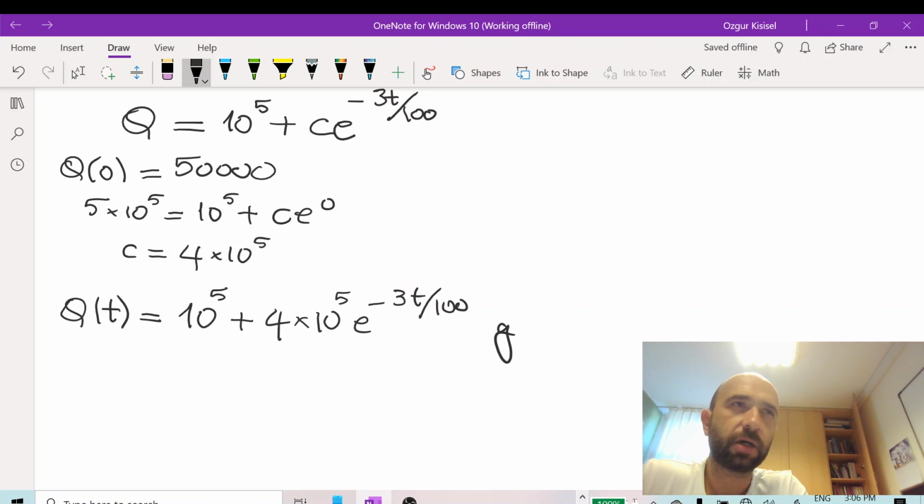If you had 1,000 liters purely of that solution, 1,000 times 100 grams per liter is really 10 to the 5 grams. So after a very, very long time, you have very little of the initial solution left, and almost everything is composed of the incoming solution. So it is natural that it has density very close to 100 grams per liter. Okay, so this answer looks correct.